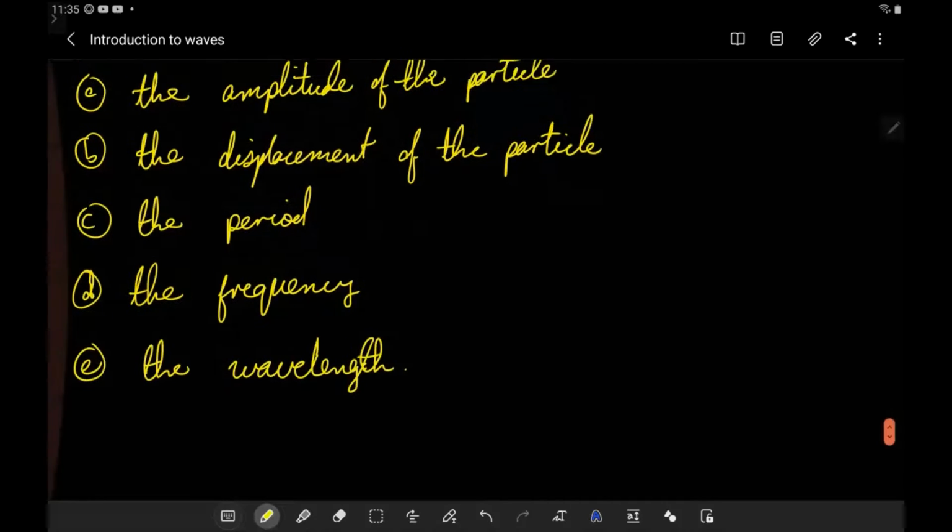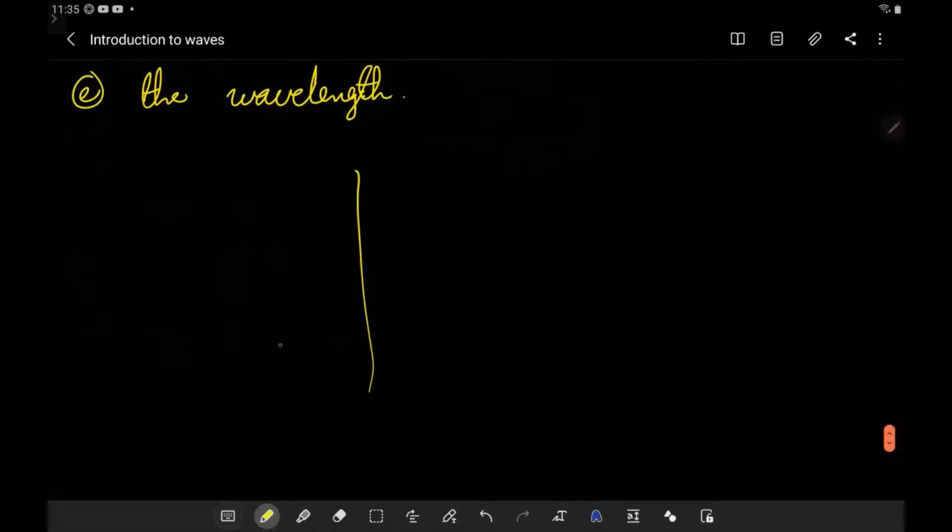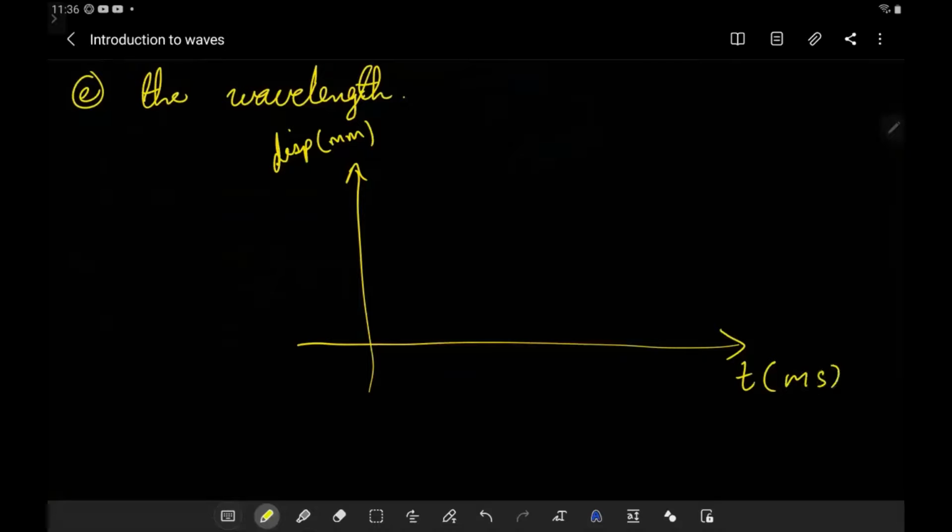All right, so lovely. So this is what we have. Let's just draw the graph. This is displacement in millimeters, and this is time in milliseconds.